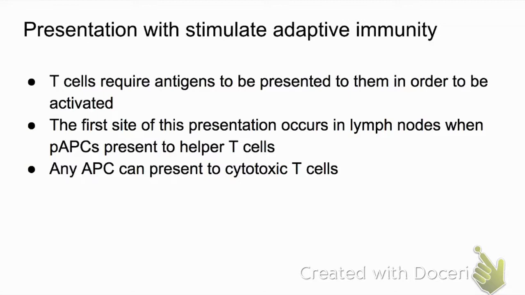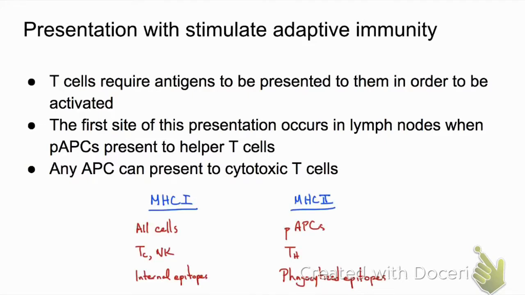After these initial presentations, which occur within the lymph node, those helper T cells and cytotoxic T cells will begin to respond to the site of infection, where they can then continue to be activated or stimulated by further interactions with antigen-presenting cells.